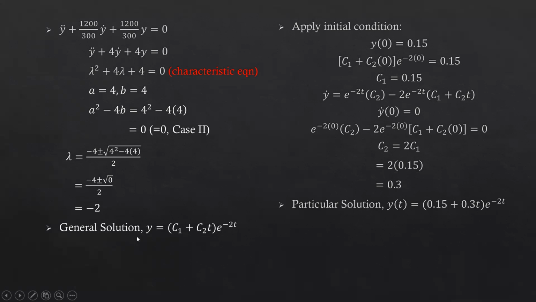So the general solution for case 2 is y equals (c1 plus c2 t) e to the power of negative 2t. And since the question has given us the initial conditions, we just substitute them into the equation, and we can find the particular solution, y of t equals (0.15 plus 0.3t) e to the power of negative 2t.